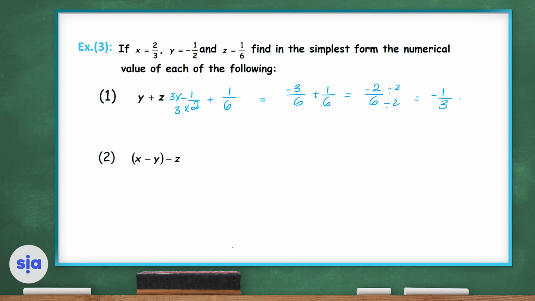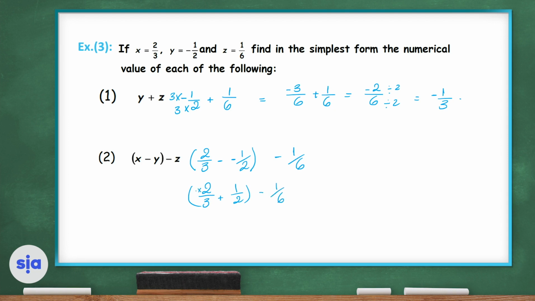Question 2, x minus y minus z. So it's 2/3 minus negative half, then the result is minus z, which is 1 over 6. So this is 2/3 plus half minus 1 over 6.